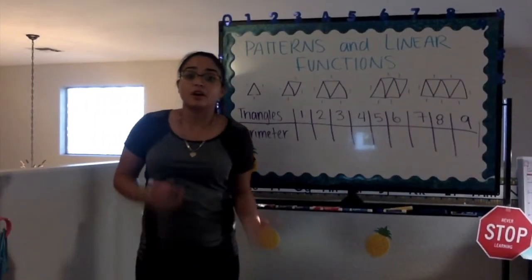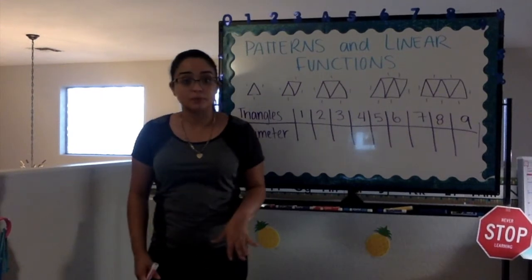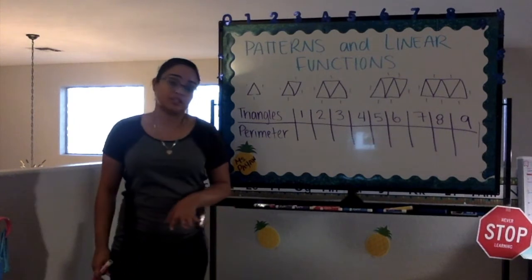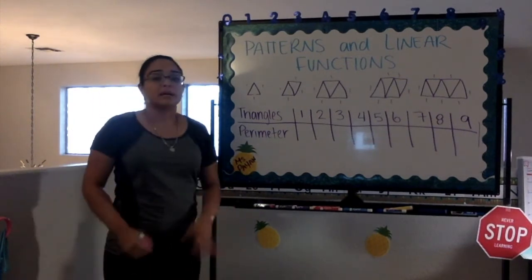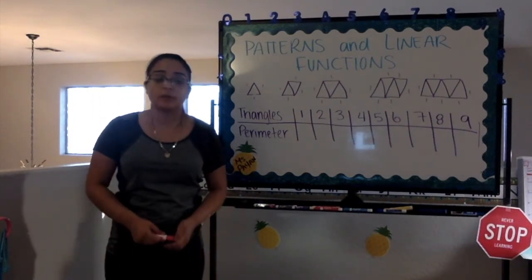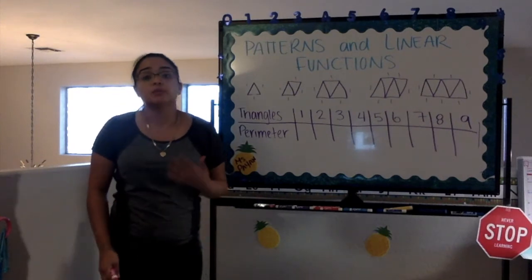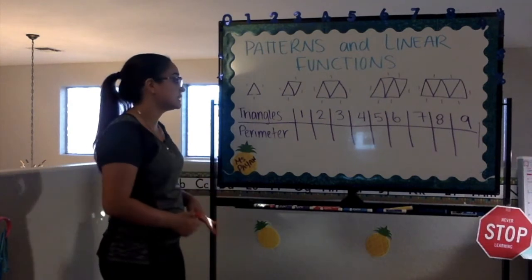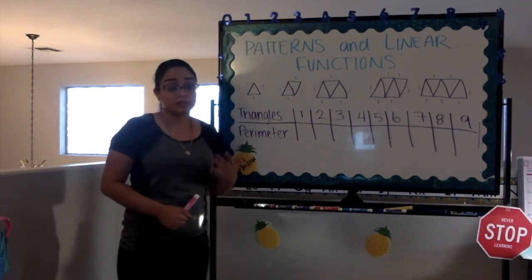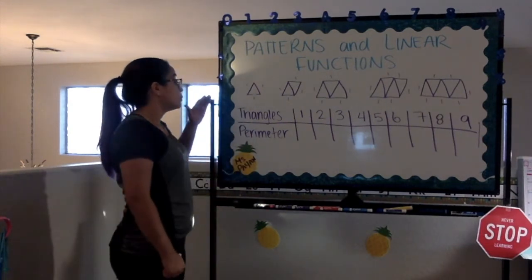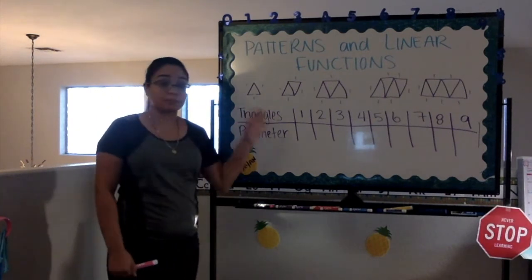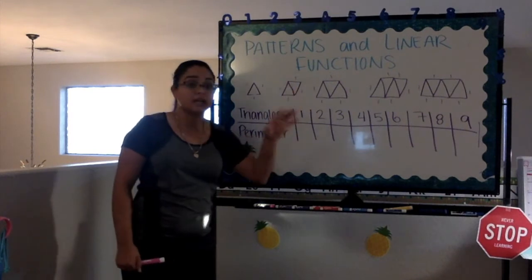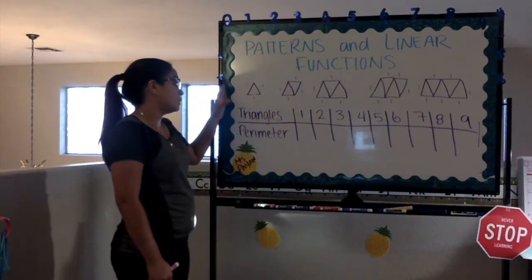Alrighty then, for our third and final concept that we will be reviewing today, it is our patterns and linear functions. Now, identifying the patterns, this is where we learned about our independent variable and our dependent variable, okay? So in this case, like we reviewed in the concept, we have our triangles, which is a pattern, which is increasing 1 each time.